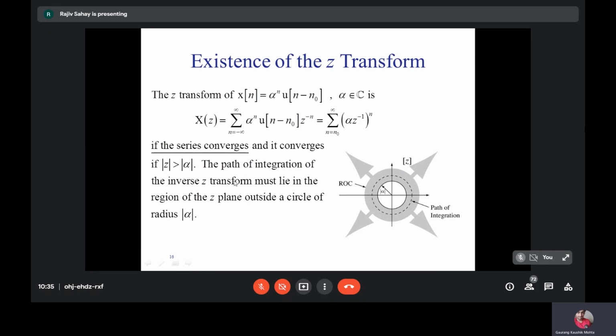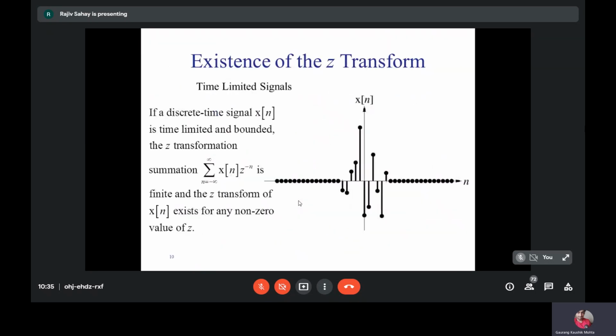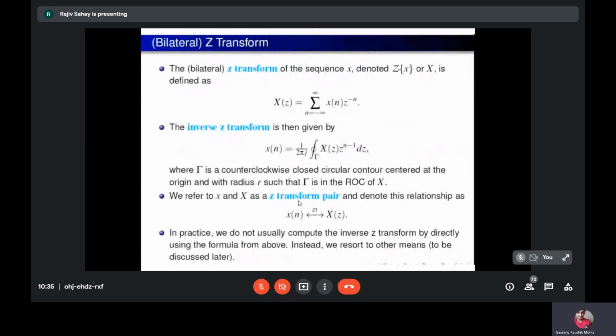So the path of integration for the inverse Z transform, whatever we have shown, the inverse Z transform can be calculated using this contour integral. You can see this contour integral here. Are you able to see my cursor? Yes, sir. So the inverse Z transform requires a contour.